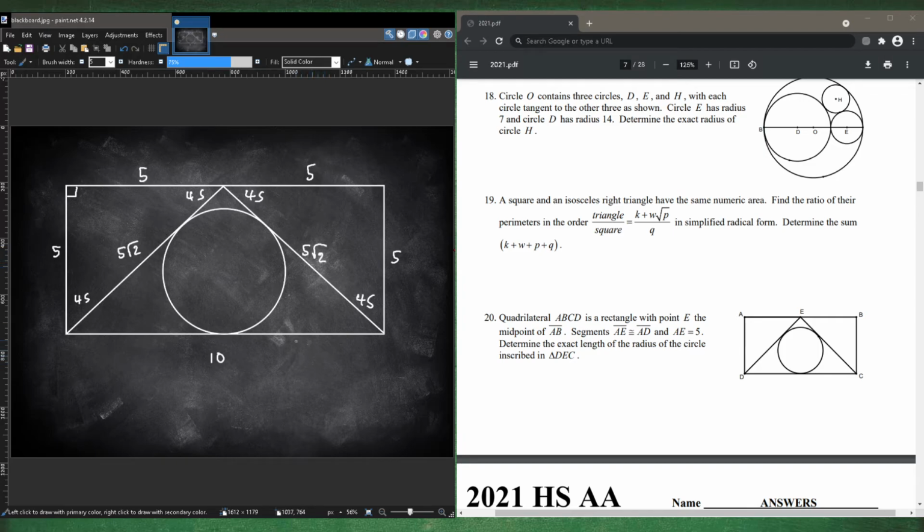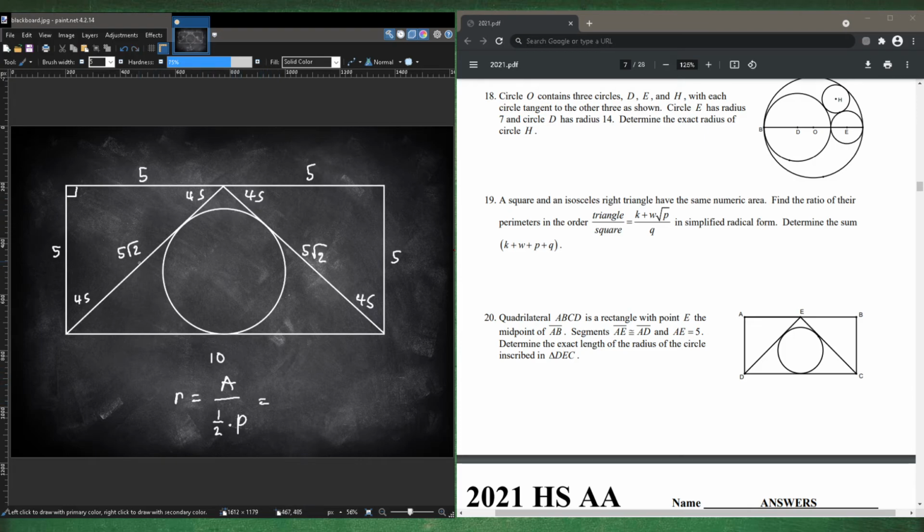And then you could use the formula to find the radius of this circle, because that's what the circle is, an incircle with a radius, which is called an inradius. So that radius is calculated by the area of the triangle divided by half of the perimeter of this triangle.